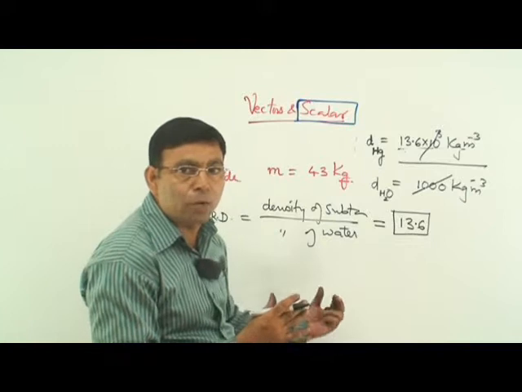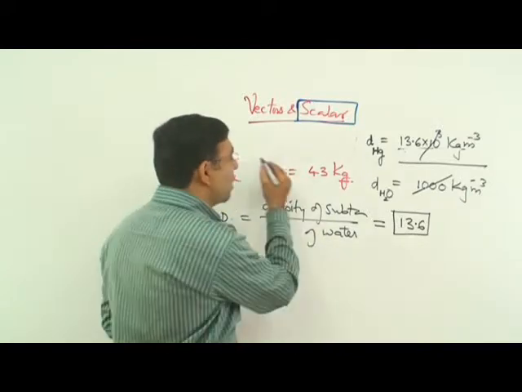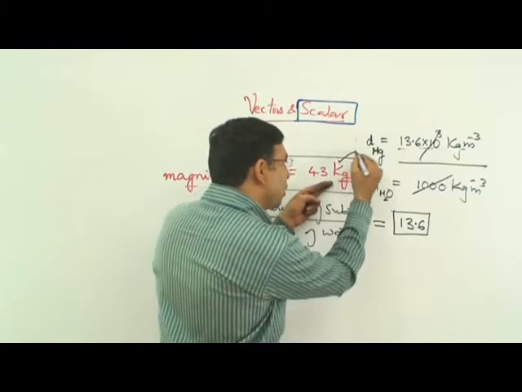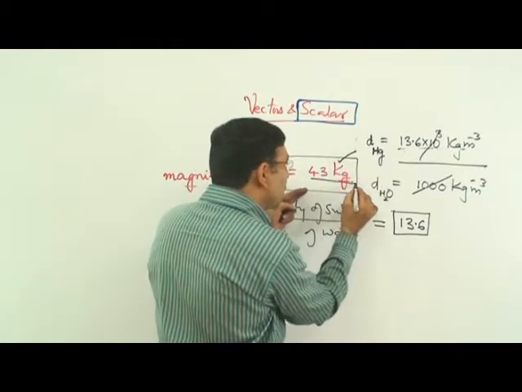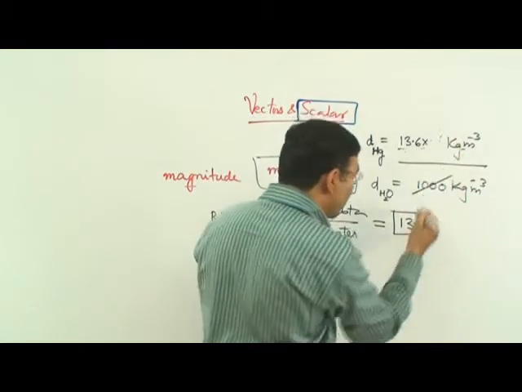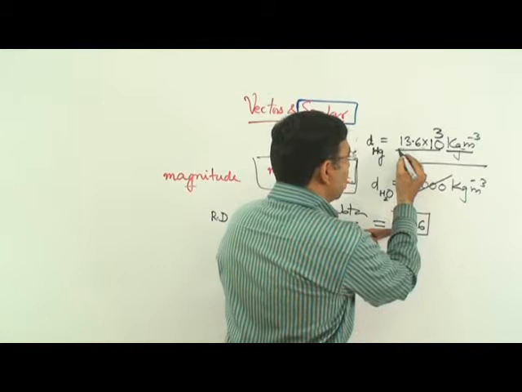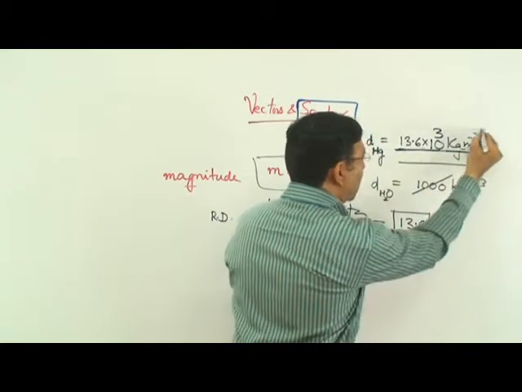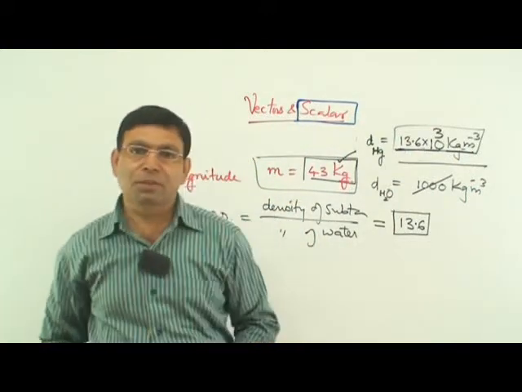But whenever a physical quantity is having a unit like mass, it has got a unit over here. 43 kilogram. Kilogram is the SI unit of mass. Number and unit together will constitute magnitude. For relative density, the number alone is magnitude. For density, this is number, this is unit, together it is magnitude. So I think by this time it's very clear.